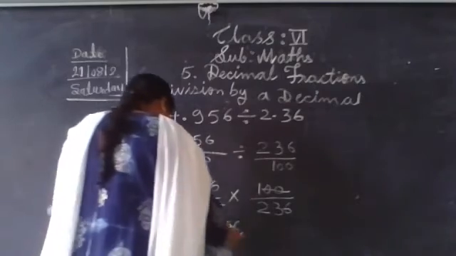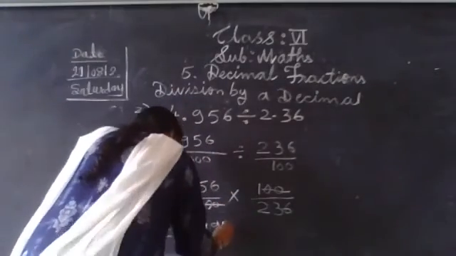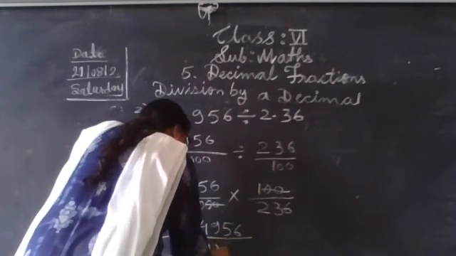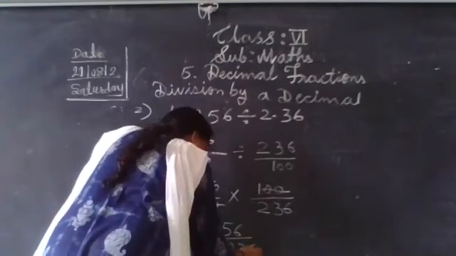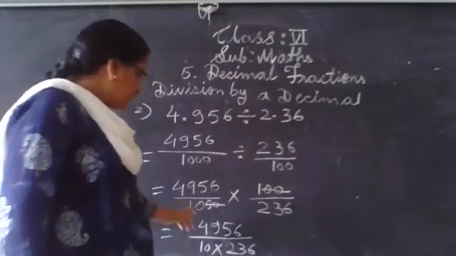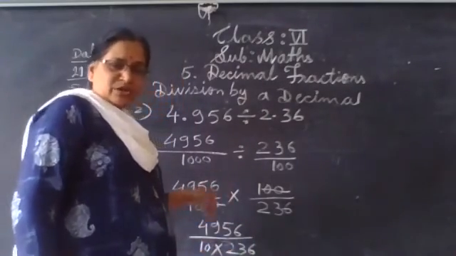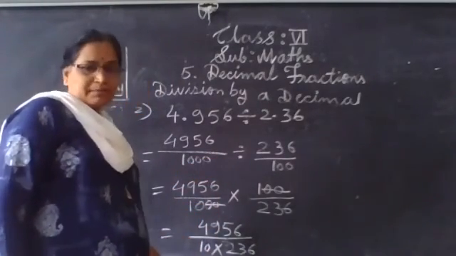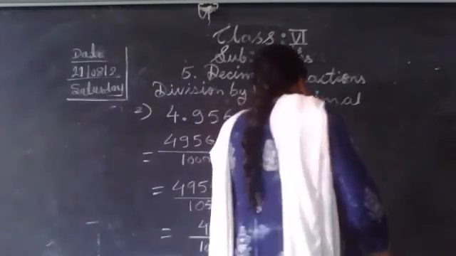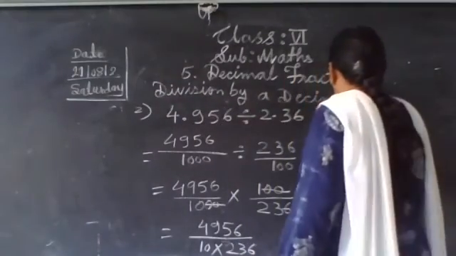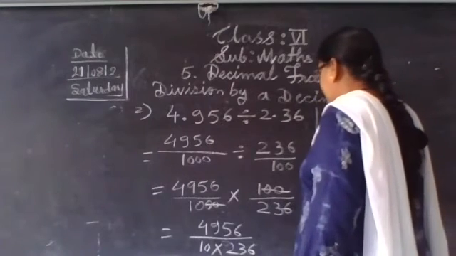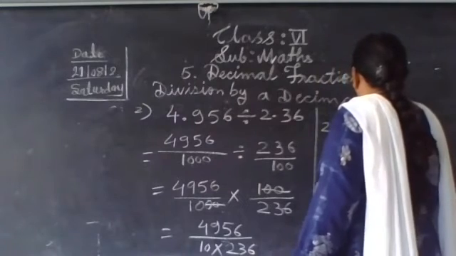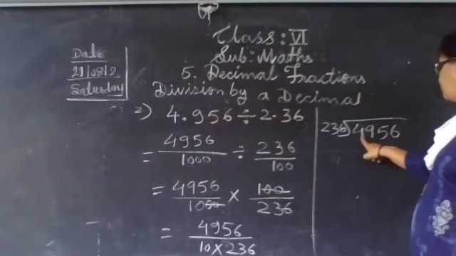So here we can write 4956 divided by 10 and 236. Again, what will we do, beta? We will divide this number by 236 and whatever quotient we get, we will put the decimal point after one place. Got it, children? So let's see, here is 4956. Here is 49, here is 236.